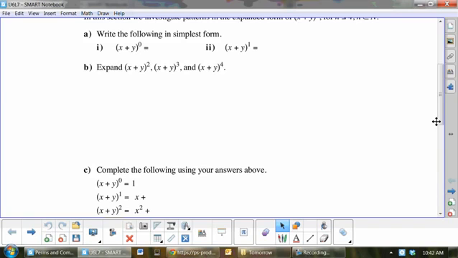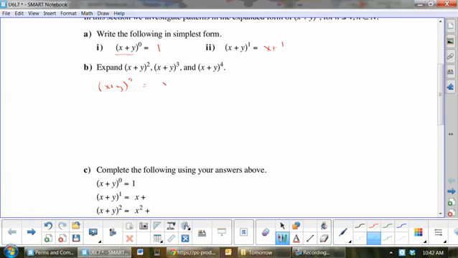Now, we're going to just do some expanding. We're going to work with (x + y)^n today. Now, if you have (x + y)^0, everyone see where I am? I'm right here. What's (x + y)^0 equal? 1. What's (x + y)^1 equal? x + y. What does (x + y)^2 equal?